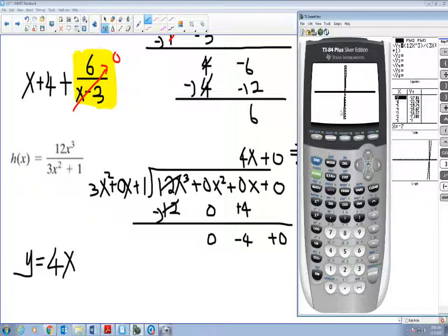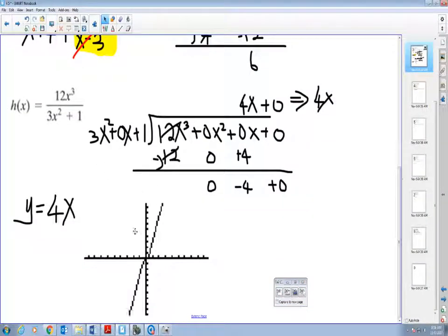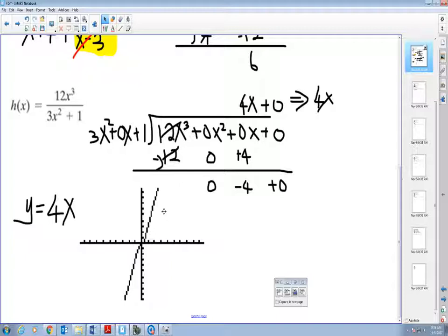Nope, there's none. So what's happening here? Remember, this is 4x plus 0. The picture looks very strange for a rational function because it appears to be a straight line, but it's not. There's a little curvature right here.